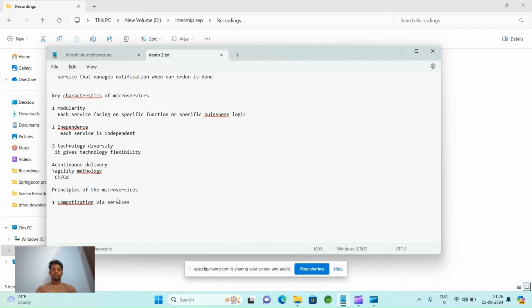You have to break your application into services, but the services should not be too small or too big. You have to divide it into similar services.